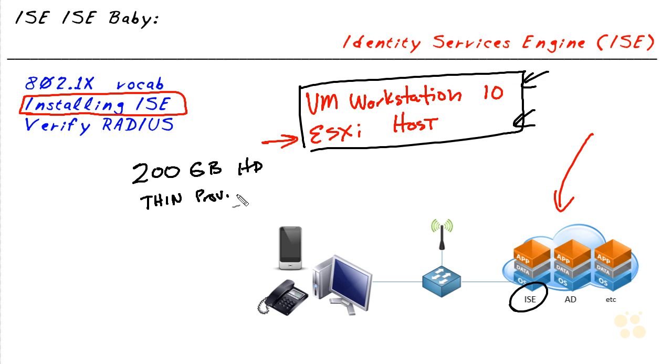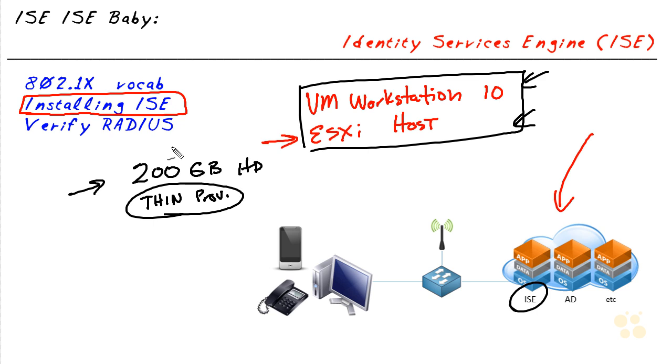It'll only use as much as the virtual machine is really using at any given time. If you set the size at less than 200 gigabytes, for example 120 gigs, again still using thin provisioning, it's going to give you a little warning saying, hey, you know what, this isn't meeting the recommended guidelines for disk storage. But at the end of the day, in a lab environment, we're not going to get close to using that much disk space anyway.